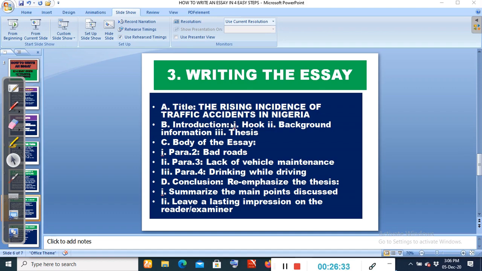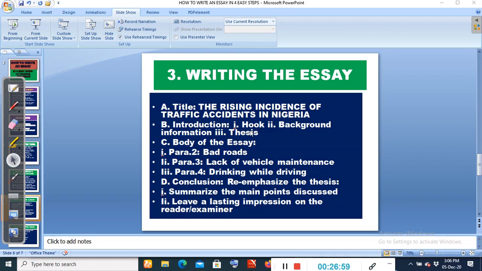And once we have written the title, the next thing is for us to go straight into our first paragraph, which is the introduction paragraph. Now, this introduction paragraph is supposed to contain 3 essential ingredients: the hook, the background information, and the thesis.